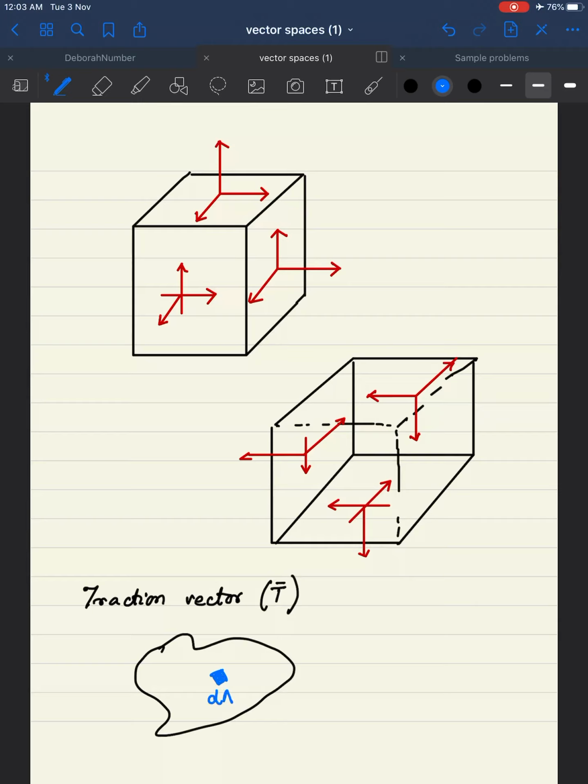So this is dA. On this arbitrary area you will have some force acting, in some direction or the other.